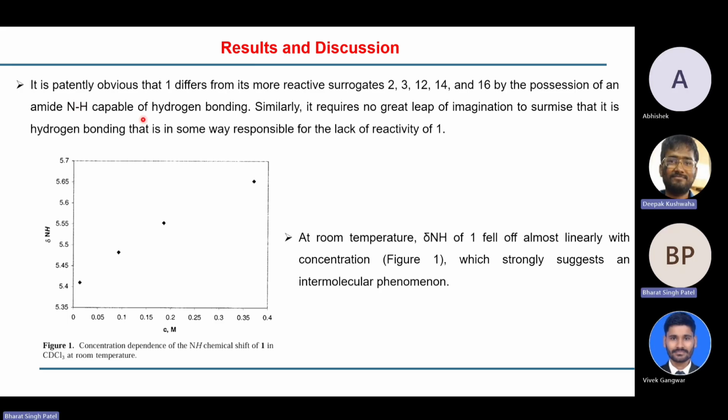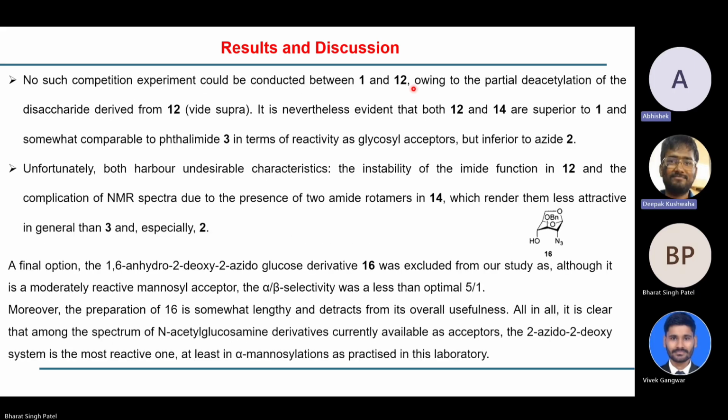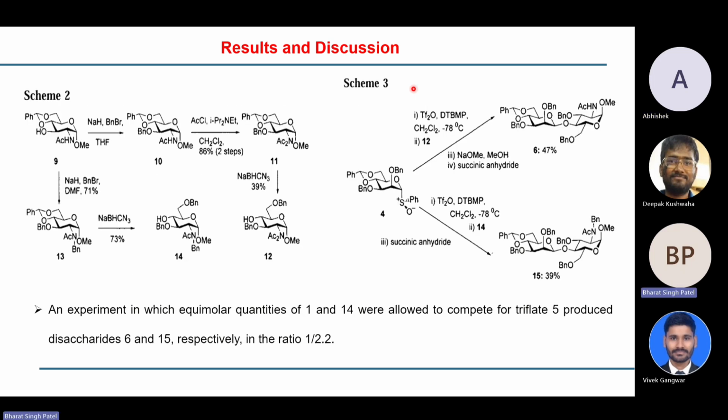But people have utilized 2 and 3, not 12, 14, and 16. In these C2 and C3 ones, there is a problem of selectivity in alpha beta. There will be selectivity, but since they have utilized it as an acceptor, there is no need to worry about the selectivity.